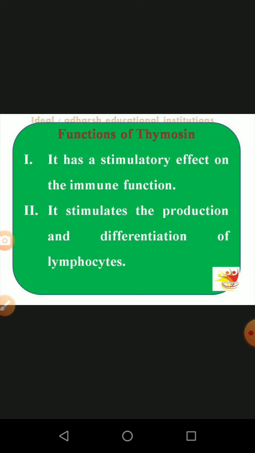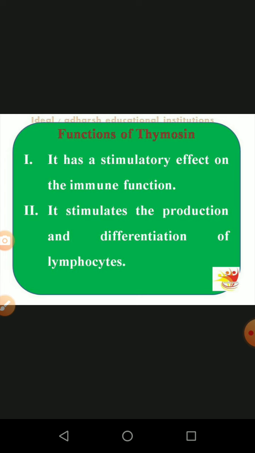The thymus stimulates the immune function, that is called the body's protecting mechanism. That means it develops the T4 lymphocytes and white blood cells to protect our body from any kind of infection or disease.